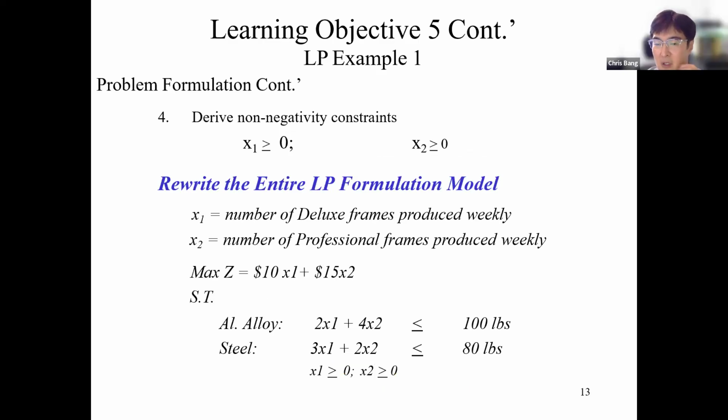This slide shows the complete LP model of example 1. We define the decision variables as x1 and x2. We also state the objective function, which is max z = $10 profit times x1 plus $15 profit times x2. We can maximize our profit under these constraints.